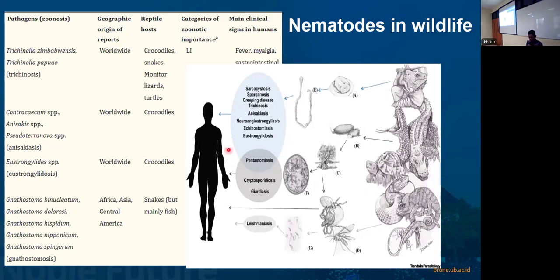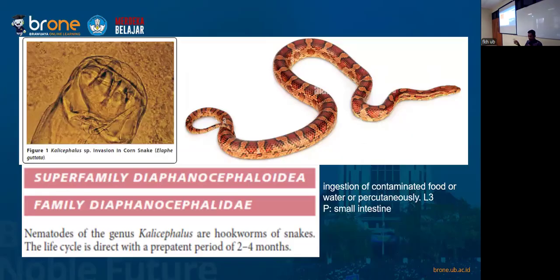Okay, that's it. And after that, this one is very important for you. Callicephalus. Genus Callicephalus are hookworms of snakes. The life cycle is direct with a prepatent period of 2 to 4 months.